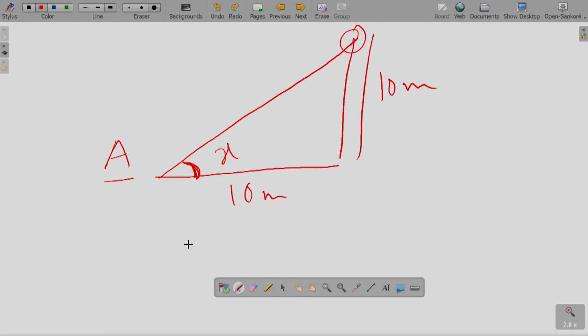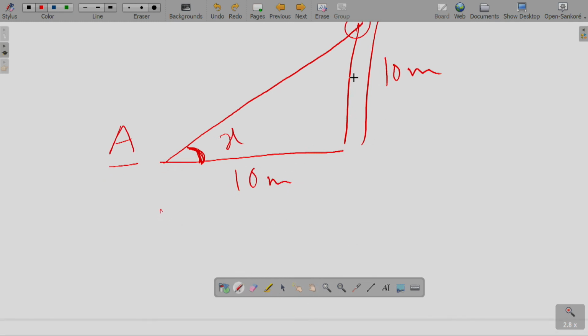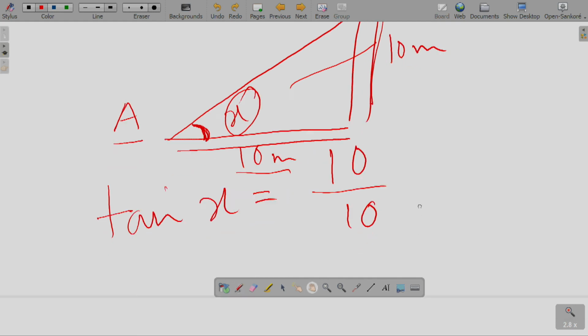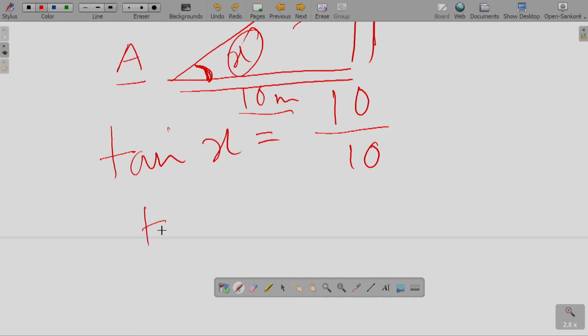Let x be the angle. So here we have the length of opposite and the length of adjacent. So here we can use tan. Tan of this angle is equal to 10 opposite over adjacent, also 10. So here tan of x is equal to 1.